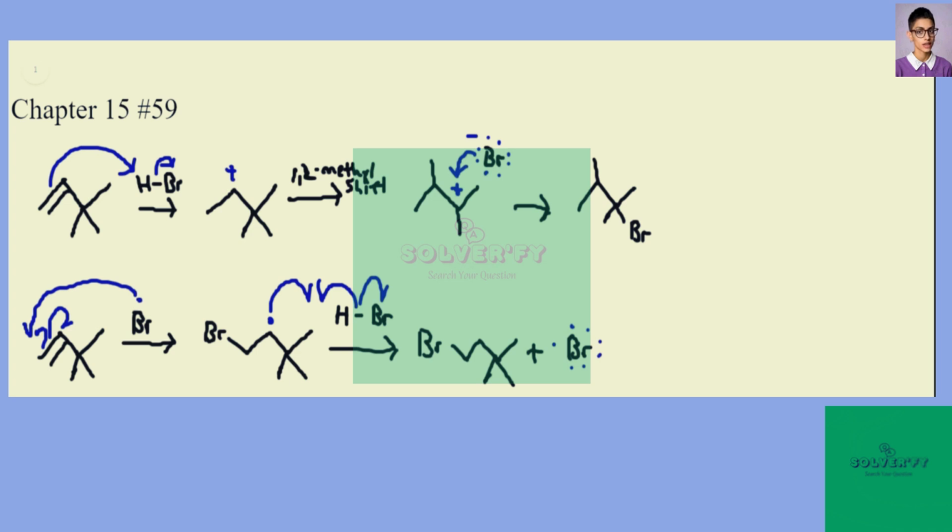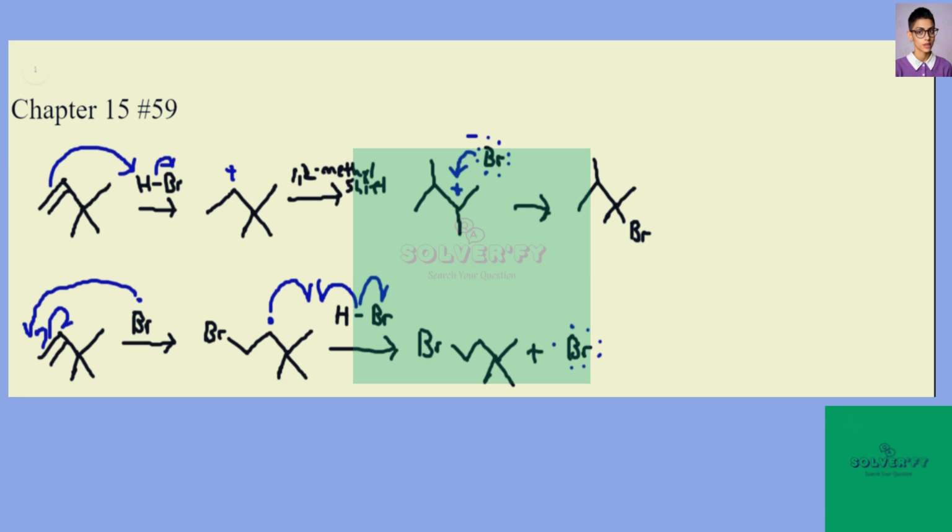Without the peroxide, we're going to form a secondary carbocation, which is going to rearrange to a tertiary carbocation. And in that case, the hydrogen is adding first, and then the bromine is attacking the tertiary carbocation that we rearrange to. However, when we do this reaction with peroxide, first we're generating the bromine radical, which is going to react.